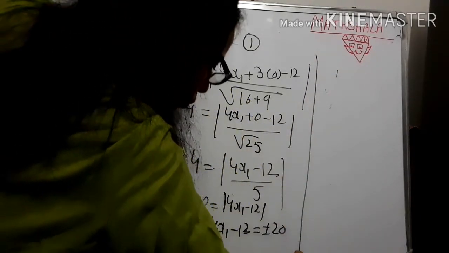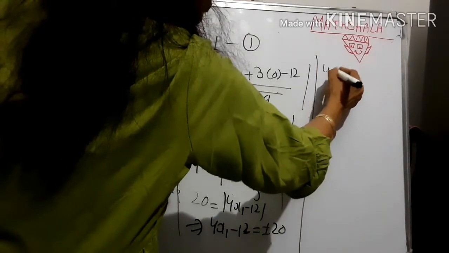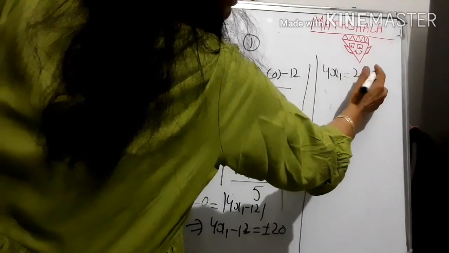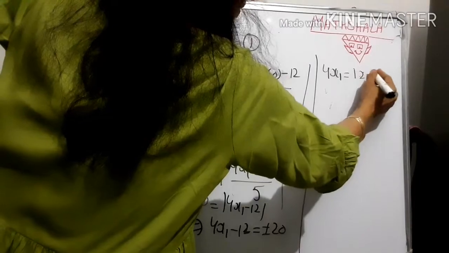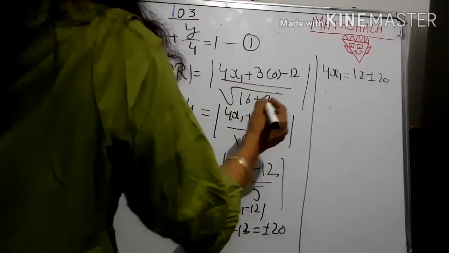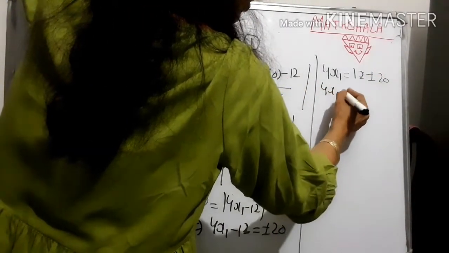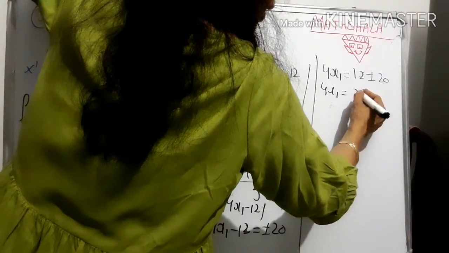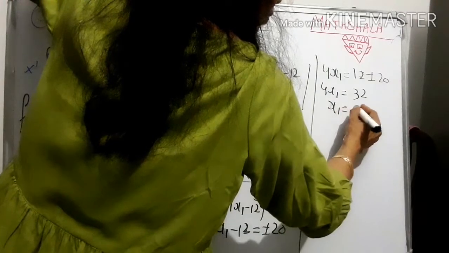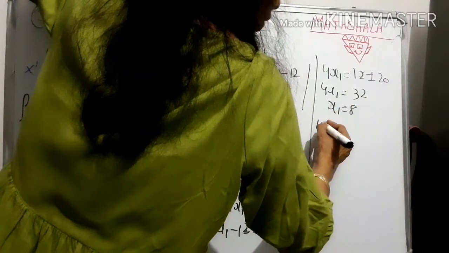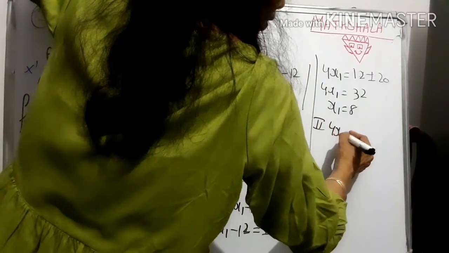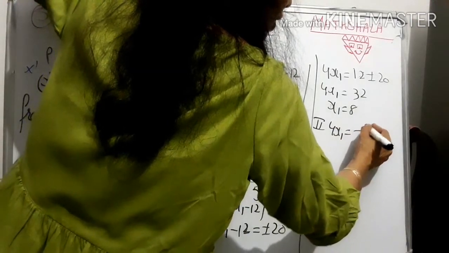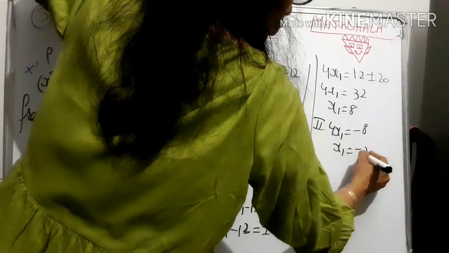And now what we are getting, because we need to find out the value of x, it is 12 plus minus 20. तो एक बार आप ऐड करेंगे, दूसरी बार सब्ट्रैक्ट करेंगे. ऐड करने से हमारे पास आ रहा है, it is 32. So x1 is equal to 8. और सेकेंड केस में क्या बन रहा है, सब्ट्रैक्ट करने पर we are getting minus 8. So x1 is equal to minus 2.